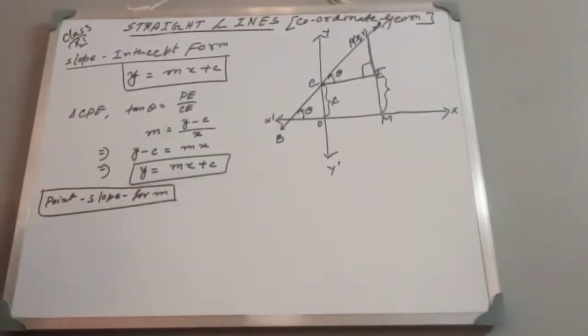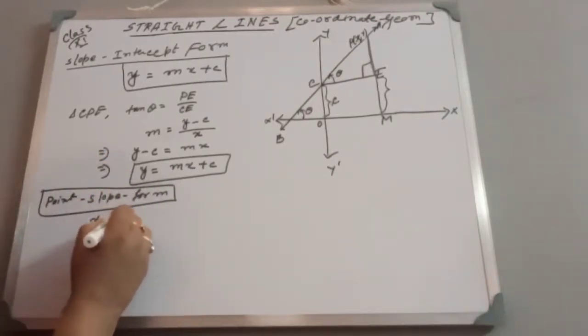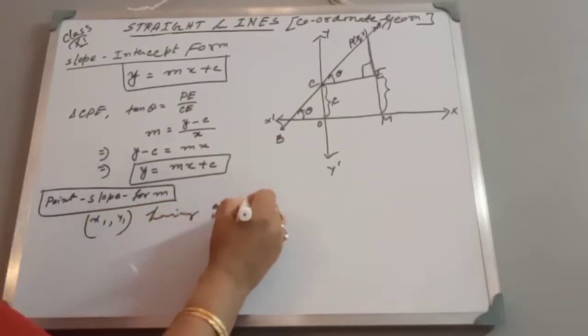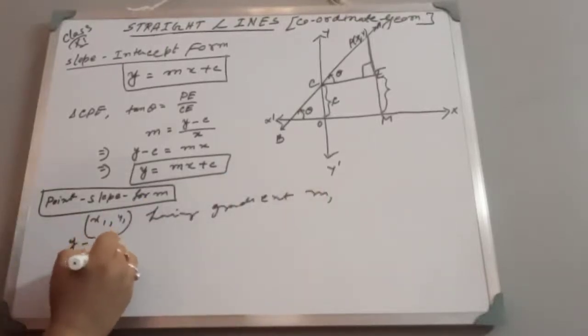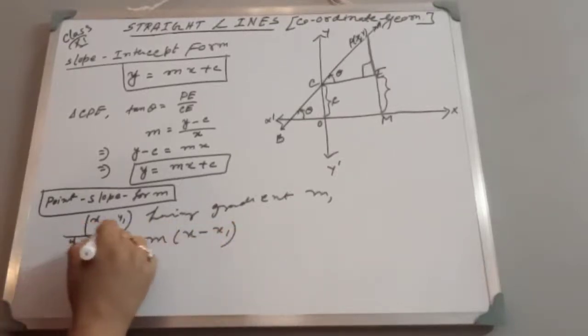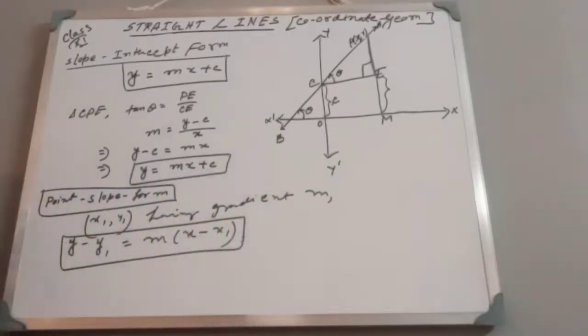When a straight line passes through the point (x1, y1) having gradient m, then the equation will be y minus y1 equals m into (x minus x1). One point and the gradient or slope will be given. Then this is known as the point slope form, and the equation is y minus y1 equals m into (x minus x1).